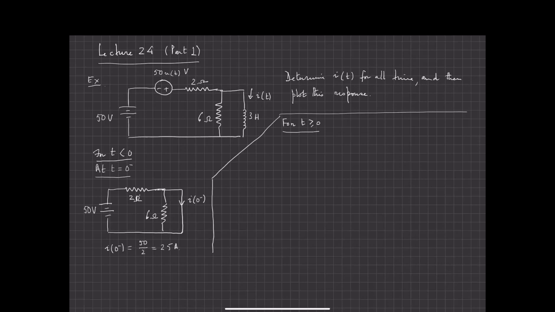For t greater than or equal to 0, the circuit is the one that we have on the left.